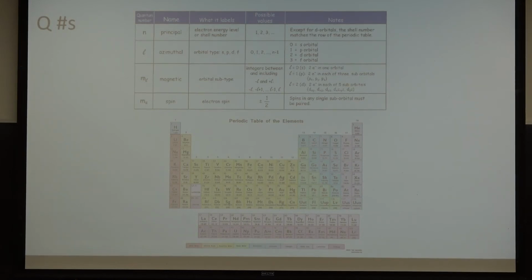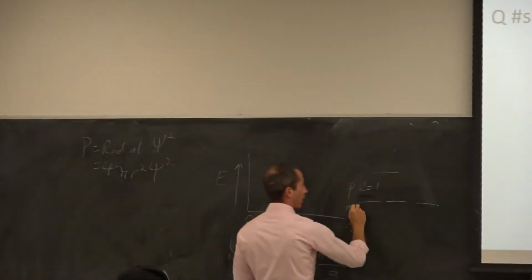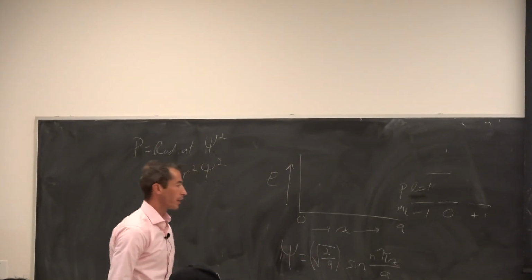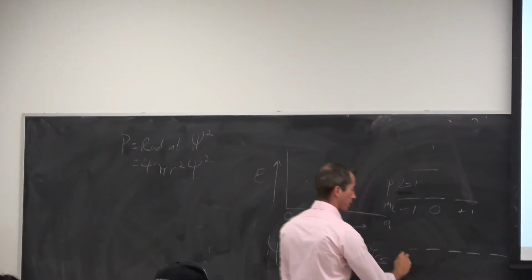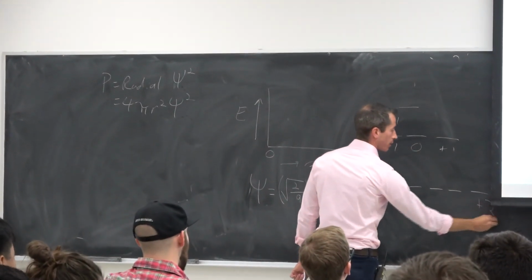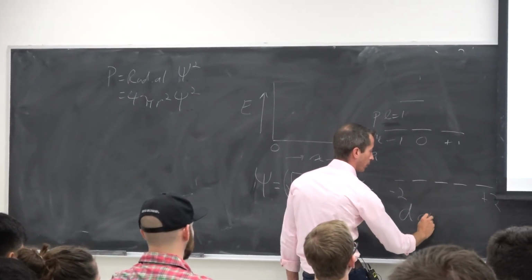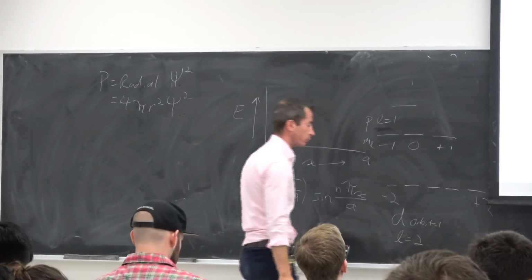So for p, l equals 1, and then your m sub l is -1, 0, and +1. That's why when we got to d, we did 5, because that was from -2 to +2, because for d orbitals, l equals 2.